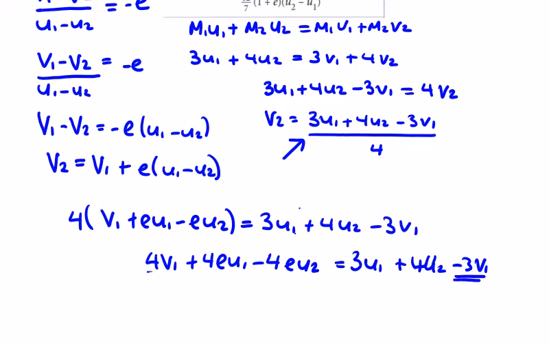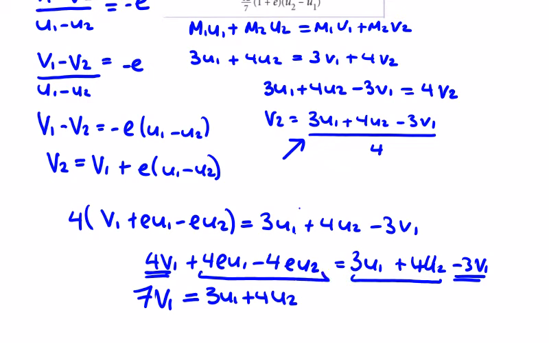There's 3v1 and 4v1, so bringing the 3v1 over, we're going to get 7v1 equals 3u1 plus 4u2, and then these two things brought across, minus 4eu1 plus 4eu2.